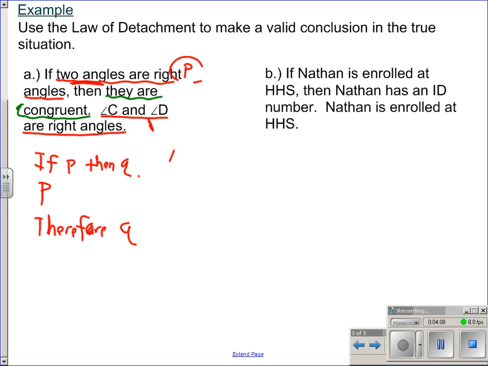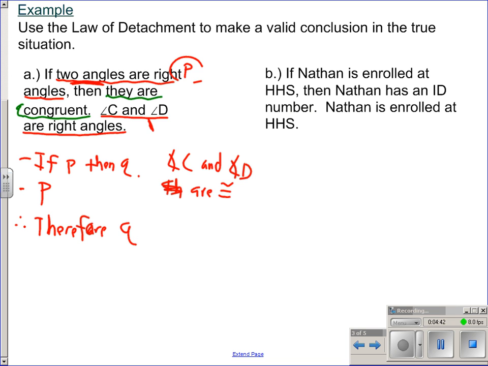So angle C and D were the right angles, therefore angle C and D are congruent. That is our valid conclusion. It's just following this format: if P then Q, make the statement P, and we have our conclusion, therefore Q.